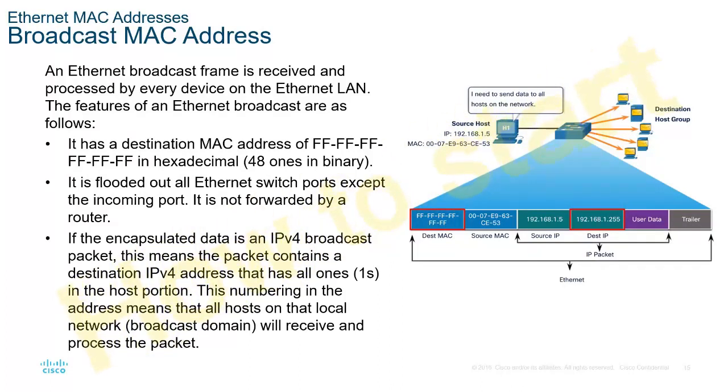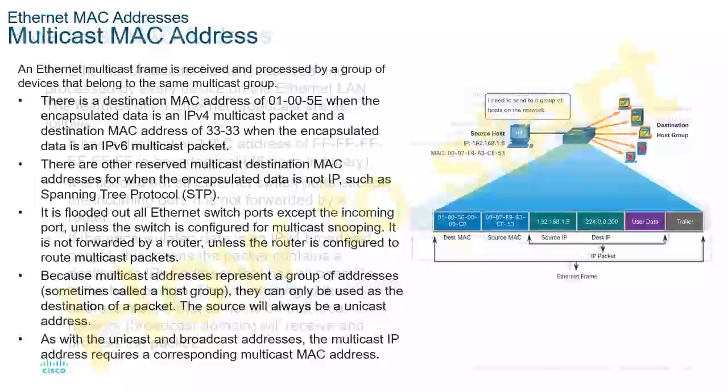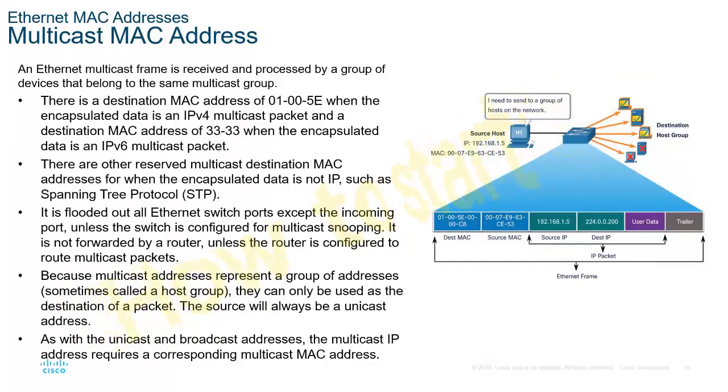A broadcast is one to everyone, to everything. This is if you want to send something to everything. We also have another specialty address called a multicast address. I want to send this to a select group of items, like STP. I can send it to all devices that have STP, or all devices that have OSPF running.